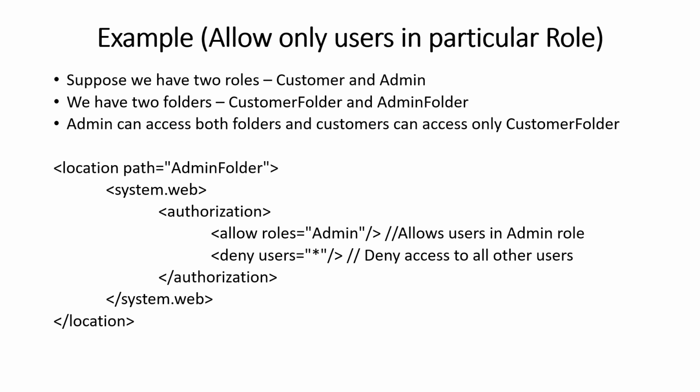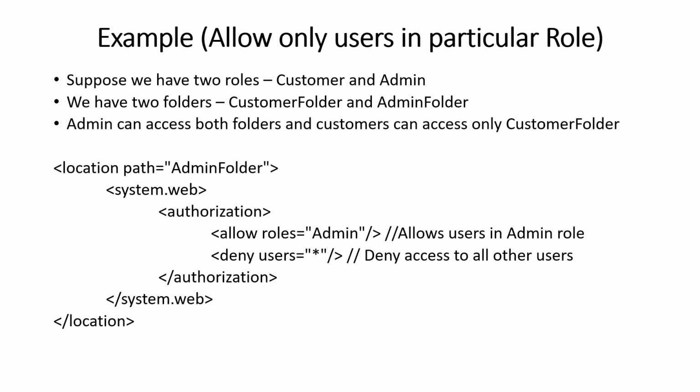We also want that the customer will access only the web pages contained in the customer folder, whereas the admin will access all the pages, whether they are contained in the customer folder or in the admin folder. So again, we specify the location tag, and here we specify the path.